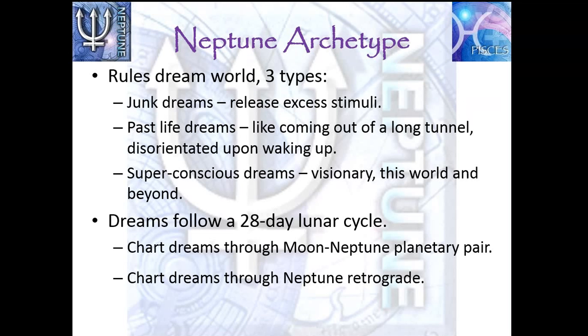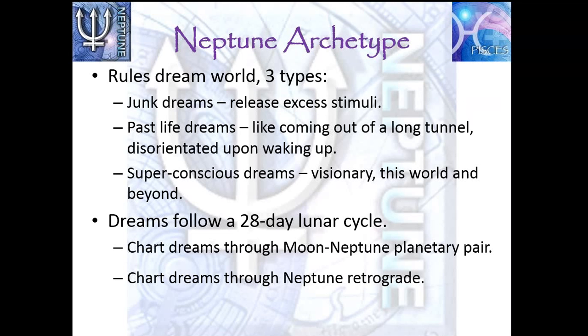We also have past life dreams. When we come out of a past life dream, Jeffrey would say that they were usually black and white. And I've known people who have past life dreams in Technicolor. What will happen is there's a strong disorientation when we wake up. It takes us a moment to remember that we're in this body, in this lifetime.